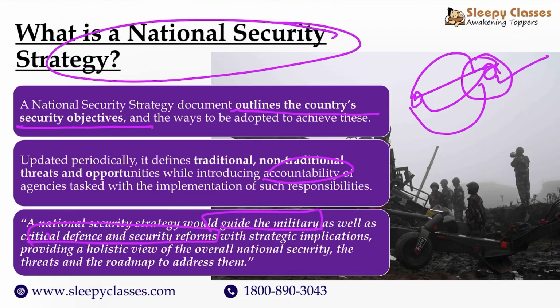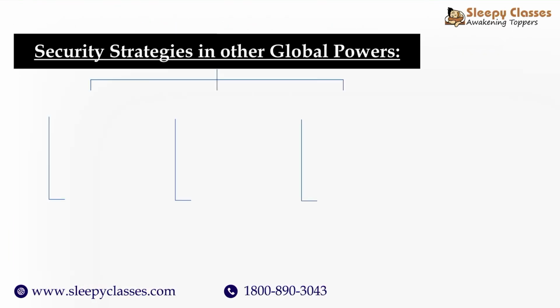So the three wings of your military, army, navy, air force, but at the same time also critical defense and security reforms, which can have interlinkages with your civilian government as well, with your civilian workforce, your bureaucracy, for example, with strategic implications, through which we can formulate a holistic plan that caters to securing India's national security and makes a roadmap of how we are to address whatever challenges exist.